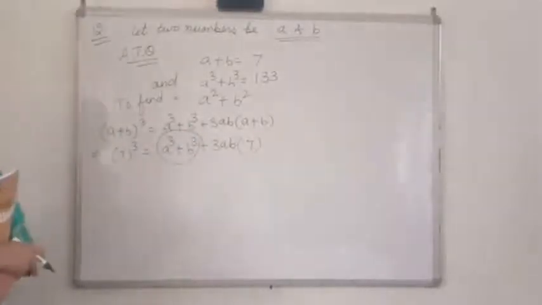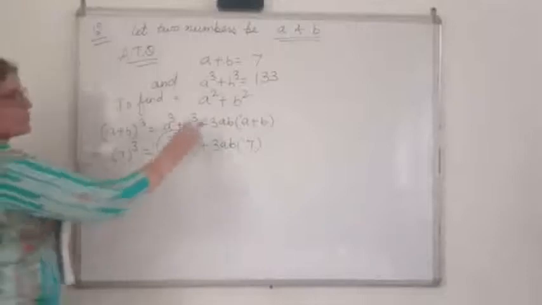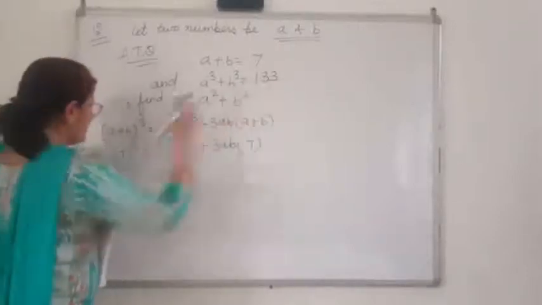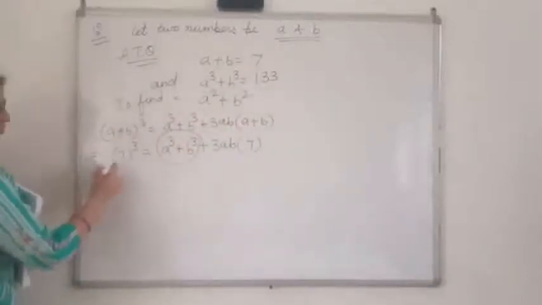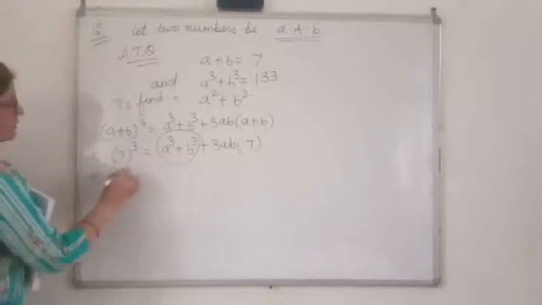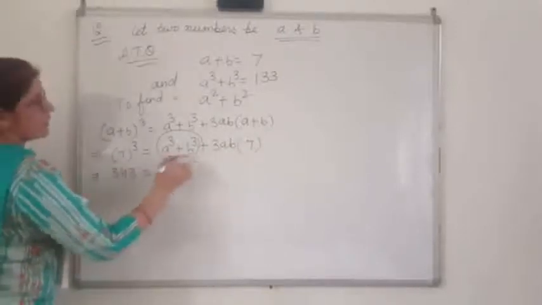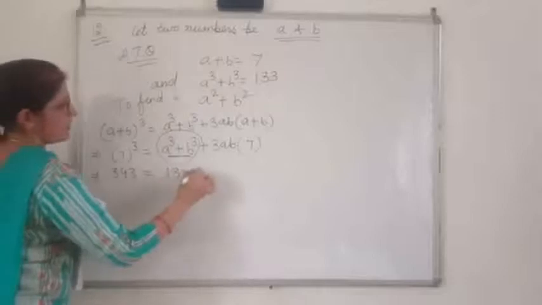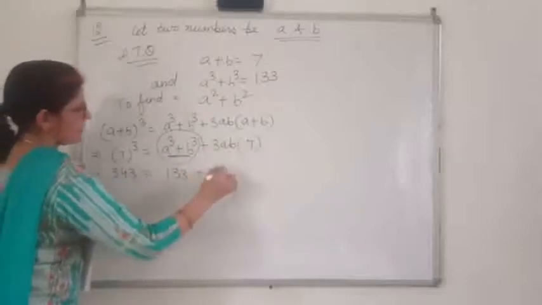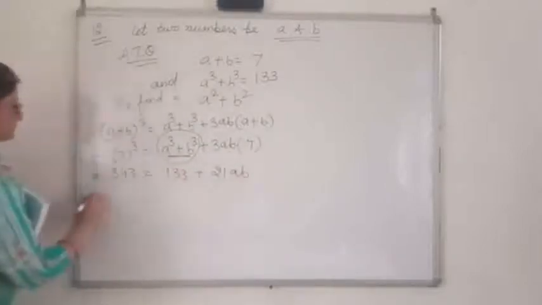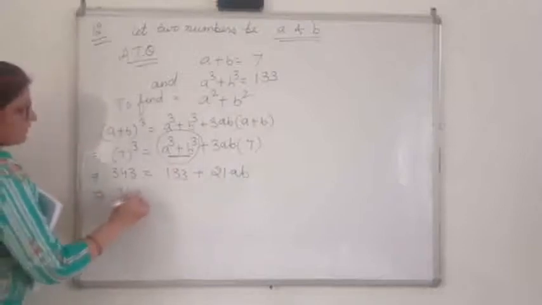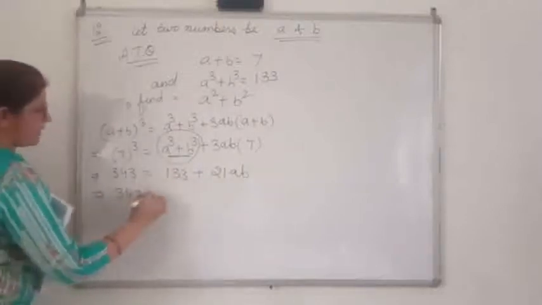The value of a cube plus b cube is also given. What will we substitute here? In the next step, 133. So cube of 7, 343, is equal to 133 plus 7 3s are 21ab. 343, this term will come here in minus.